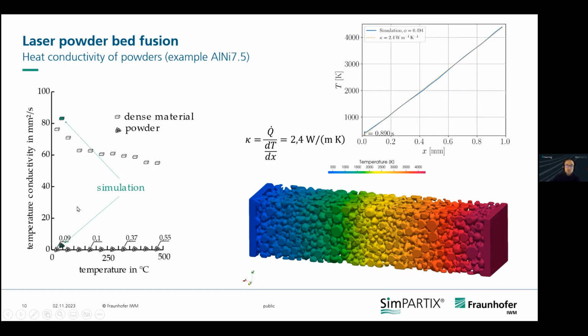This is crucial simply because there's so much air in between, and air acts as an insulator. So in the powder bed, if you have a heat source somewhere, the heat can't dissipate as well as in a dense material. And the simulation, thankfully, when using SPH, is able to capture those two orders of magnitude. This is really important because otherwise it is a large artifact.